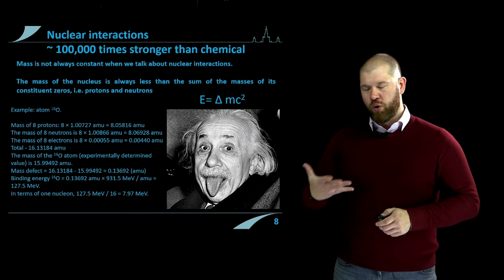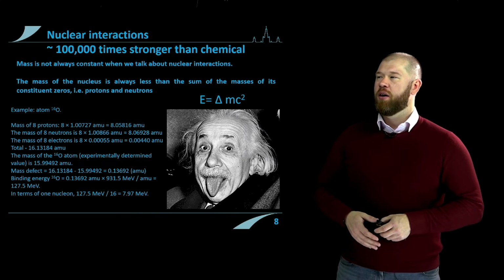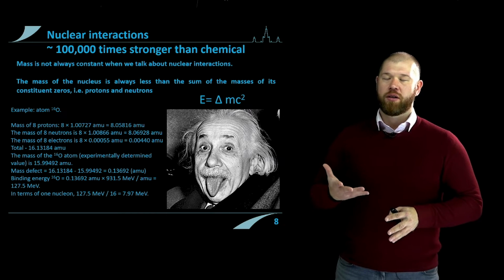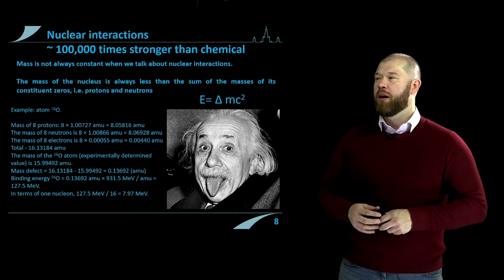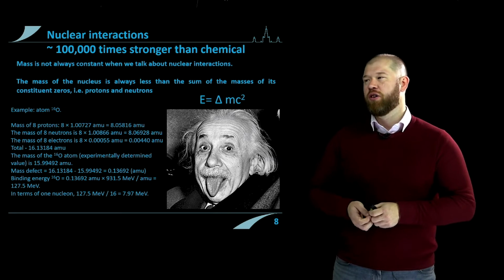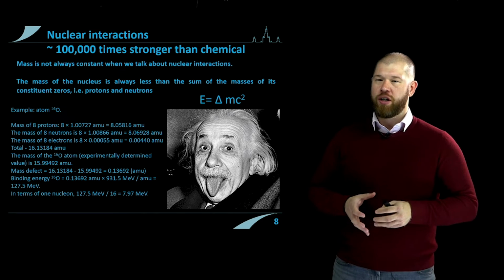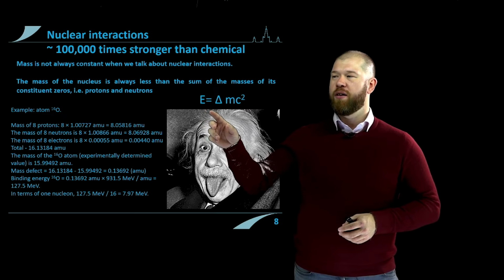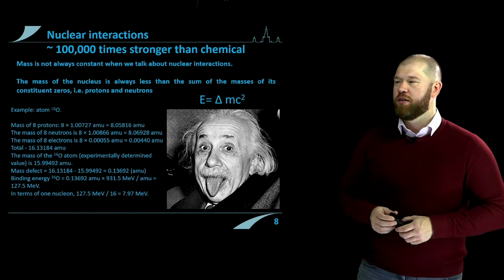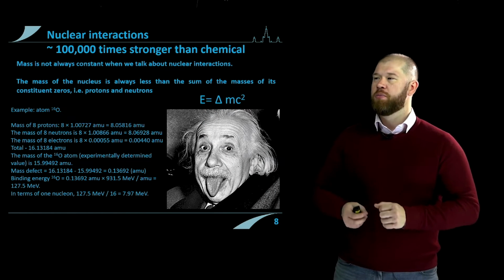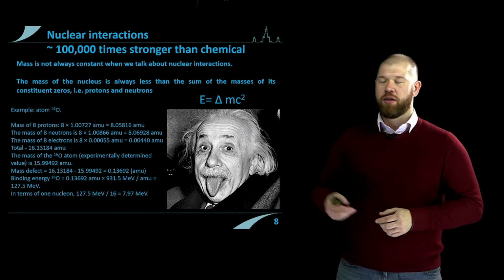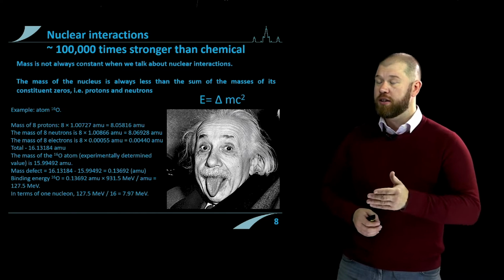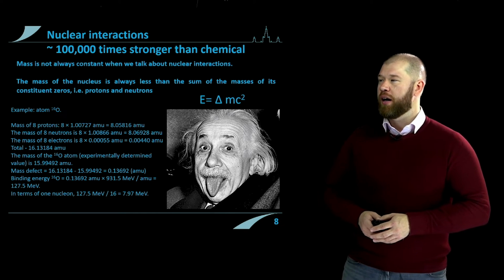And when we talk about nuclear interaction, we say that there is no mass conservation law, but there is an energy conservation law, because energy and mass are related. We can write this famous expression about the relationship between energy and mass, where energy is equal to mass multiplied by c squared, where c is the velocity of light.